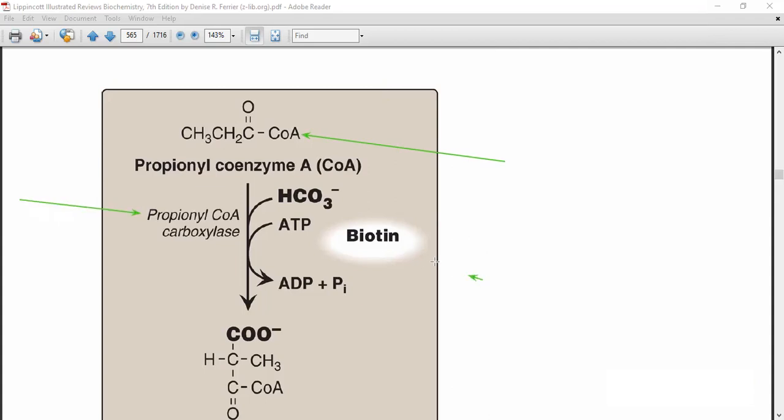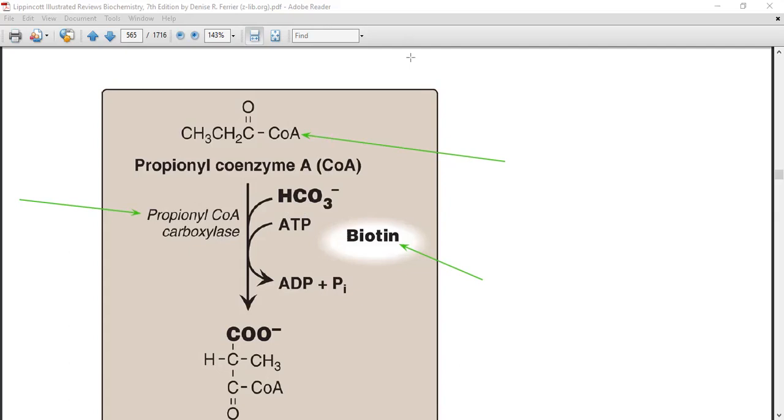A biotin requiring reaction. Remember the reactions which require biotin? Pyruvate carboxylase, and I think also acetyl CoA carboxylase. I think those three require biotin. So propionyl CoA, after being carboxylated, so we are adding a carbon group, what will we get?